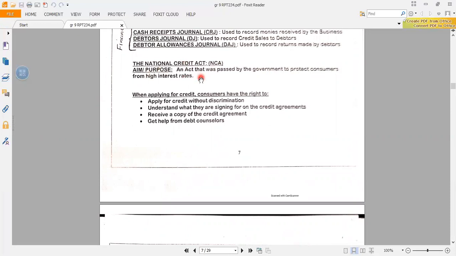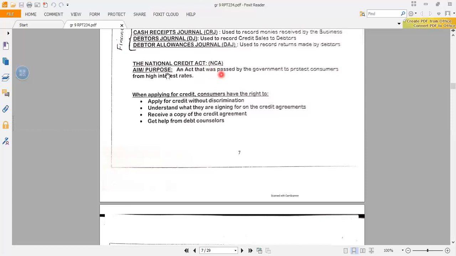Remember our grandparents, our forefathers, when they purchased high valued products, for example a television set or a lounge set, they did not understand the real kind of transaction they were getting involved with. They felt they were going on for years and years and still continuously paying that account. That account went on for years and was never settled quickly. So the government decided to introduce the National Credit Act to protect customers like this.